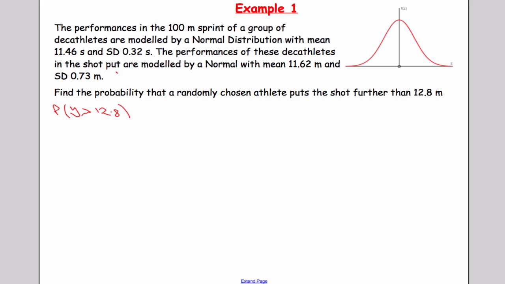So y is normally distributed with a mean of 11.62 and a standard deviation of 0.73, so 0.73 squared. And this is the probability we're looking for. So just like the last question, I'm going to use a few diagrams to get the idea of what's going on.